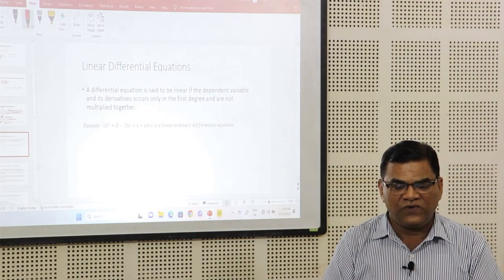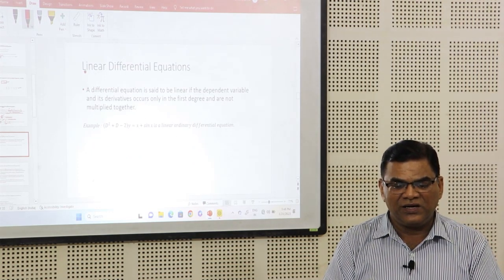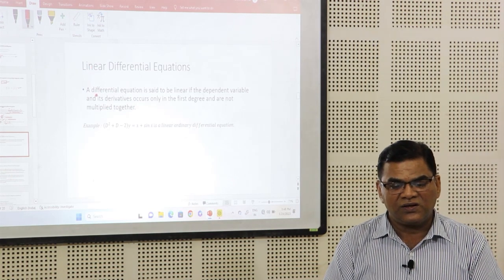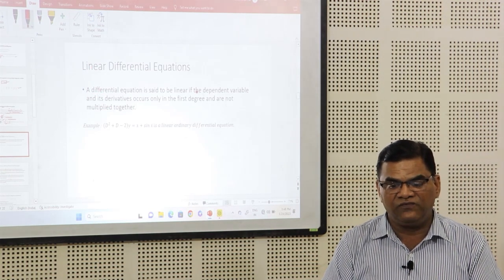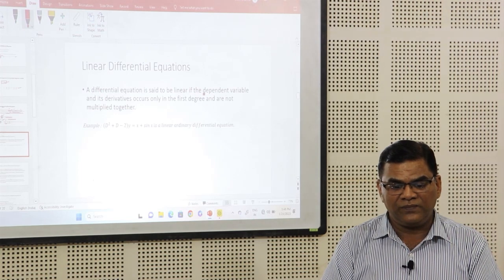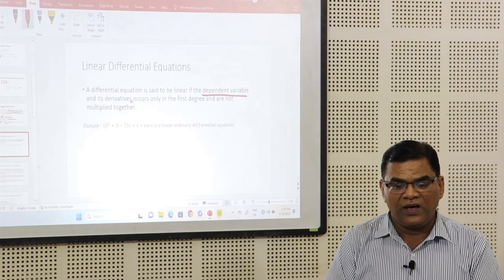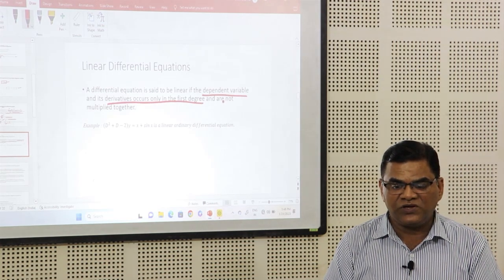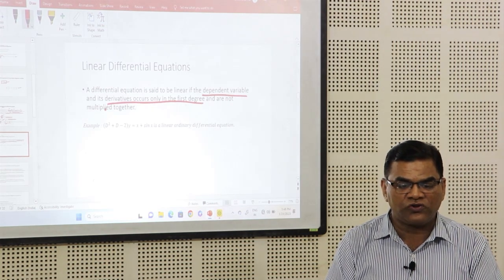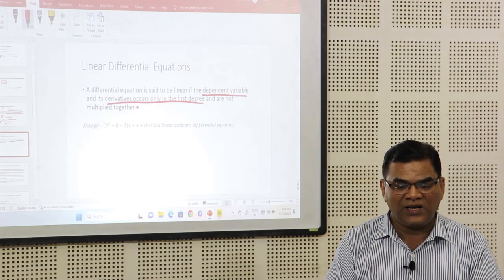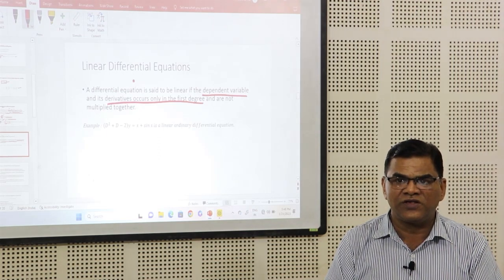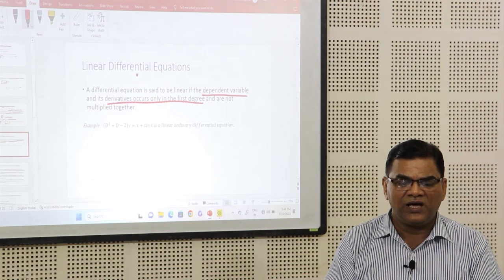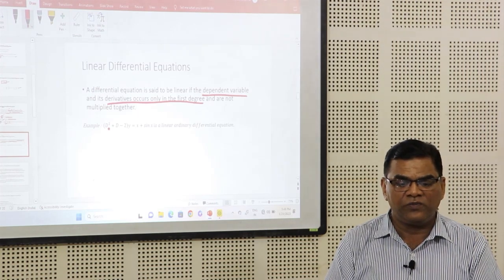Now, we will discuss the linear differential equation. These are differential equations in which the dependent variable and its derivatives occur only in first degree, and the equation does not contain any cross multiple terms. In that case, we say this equation is known as a linear differential equation. For example, d²y/dx² plus dy/dx minus 2y equals x plus sin x.